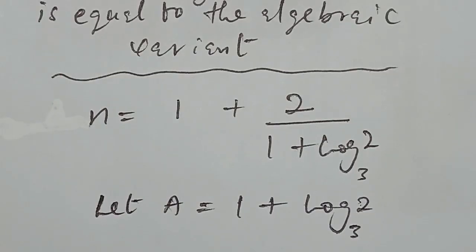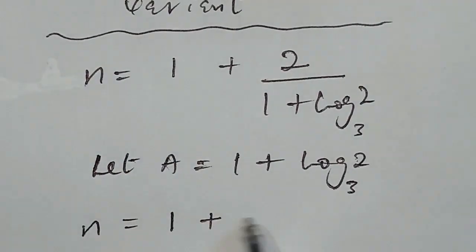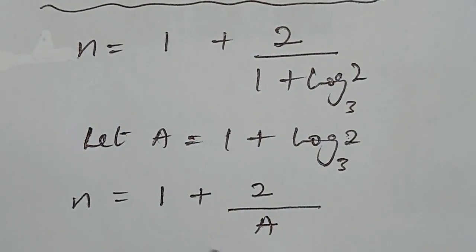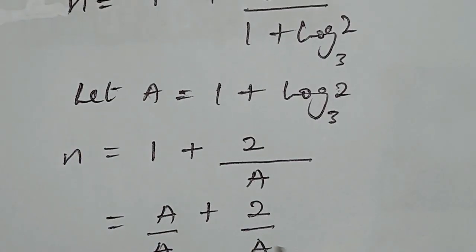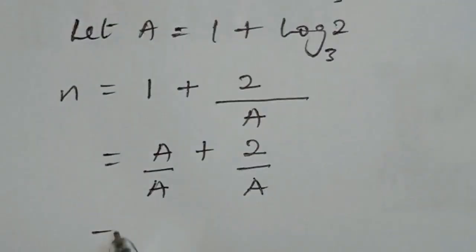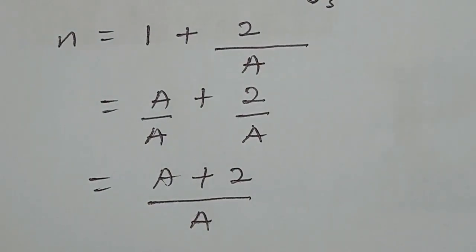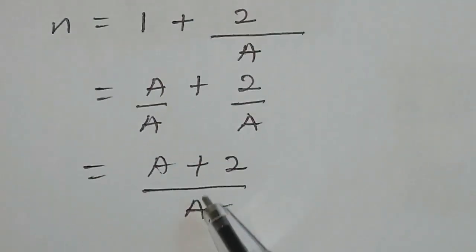So n is equal to 1 plus 2 over A. If we simplify this, we have (A plus 2) over A. Here we replace the value of A back into the expression.